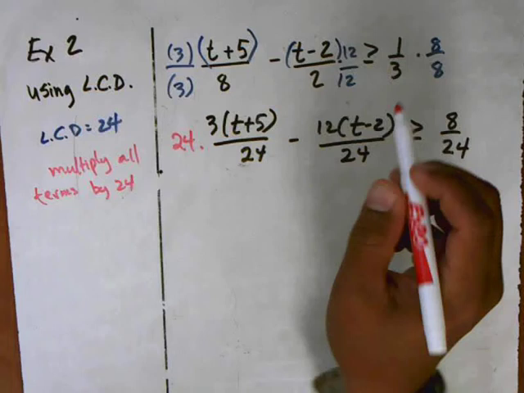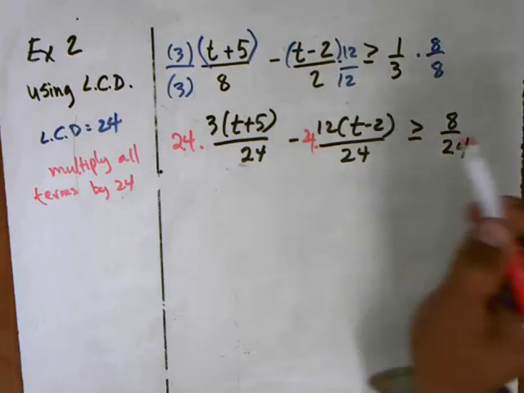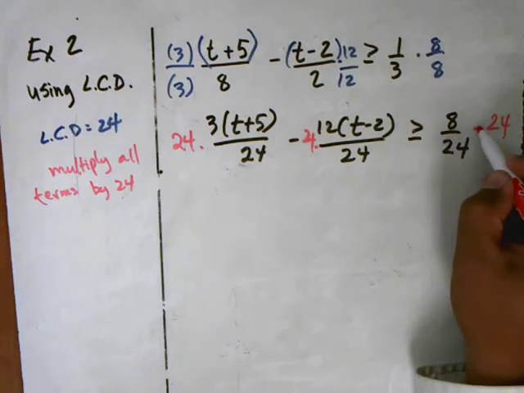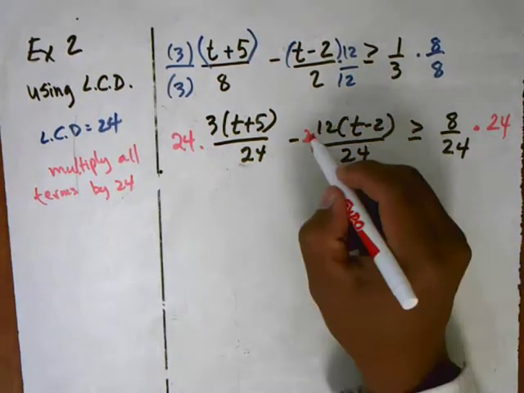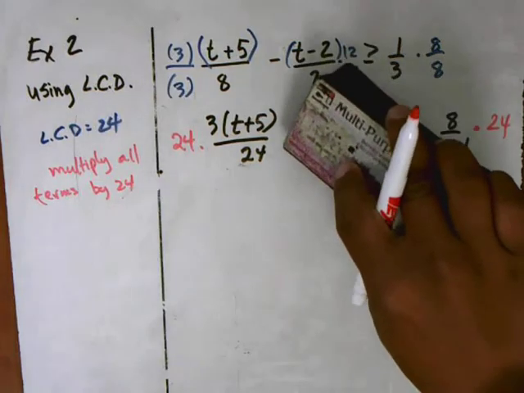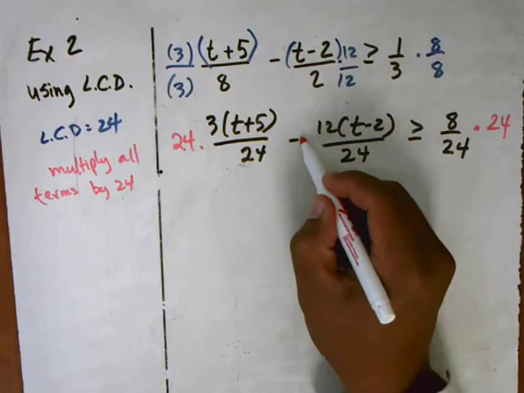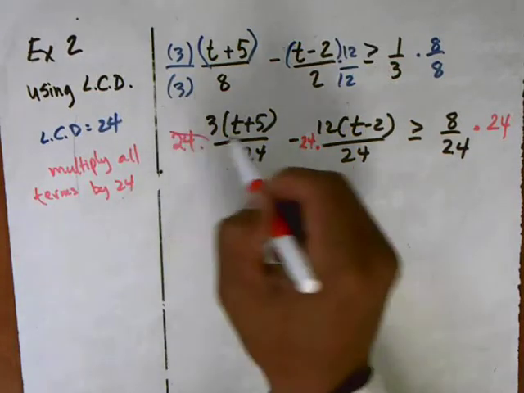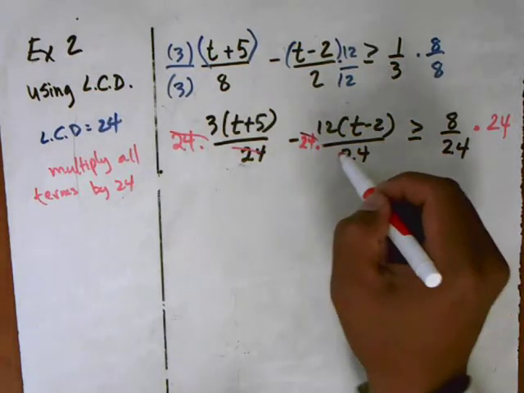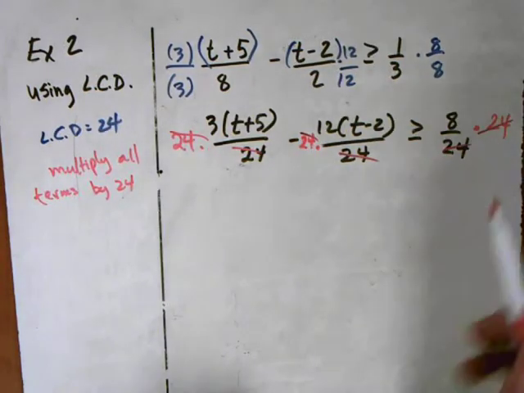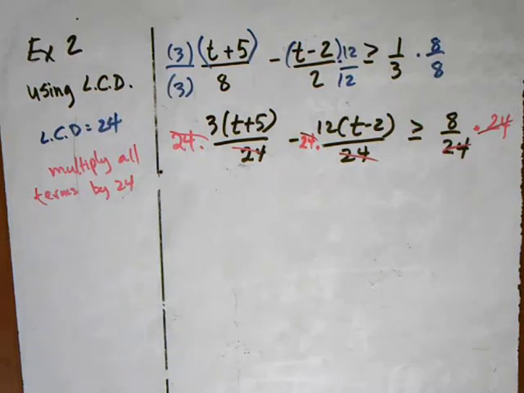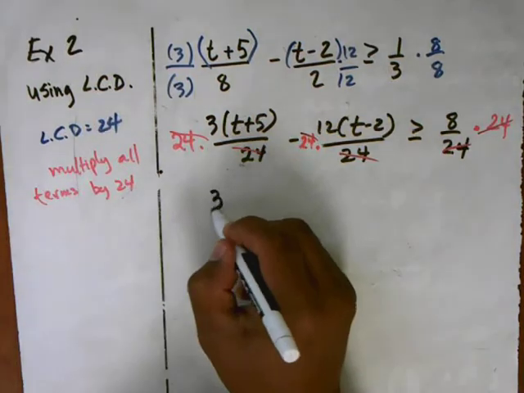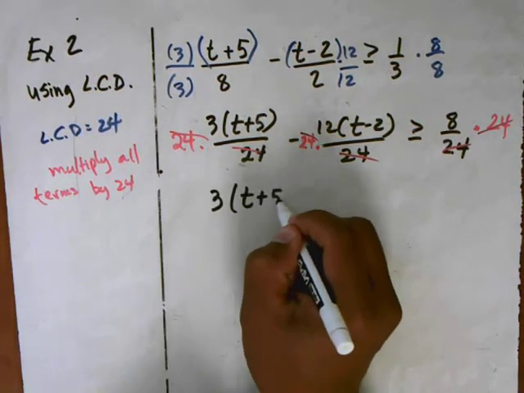So 24 times that quantity, 24 times this quantity, 24 times this quantity. And keep in mind that in an equation you can multiply by anything as long as you do it to every term on both sides. Okay? Once you see these, the 24s there cancel, and cancel here, and they cancel here. So we've taken away the fractions essentially, and we have this inequality.